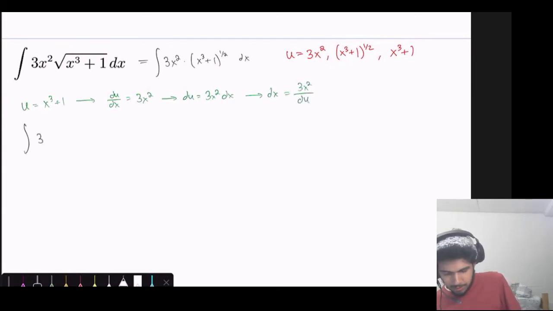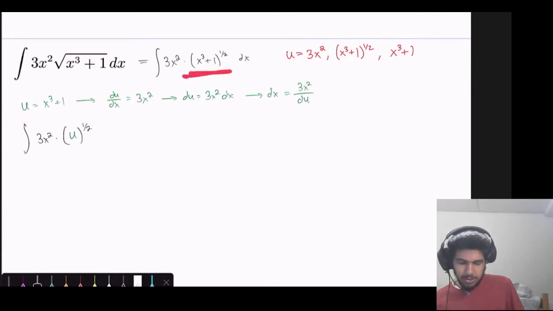We get the integral of 3x squared times the quantity x cubed plus 1, which we said is u. So that's our u. That is still raised to the 1/2, right? And then we have this dx term here, which we solve for, so we'll make that substitution as well.